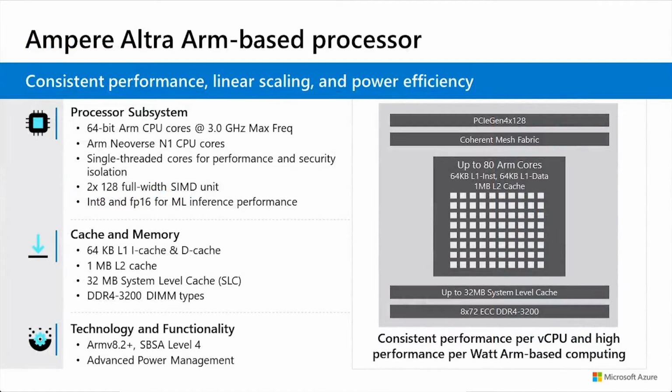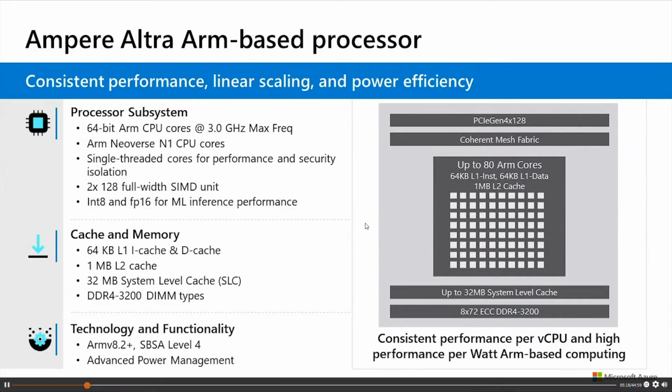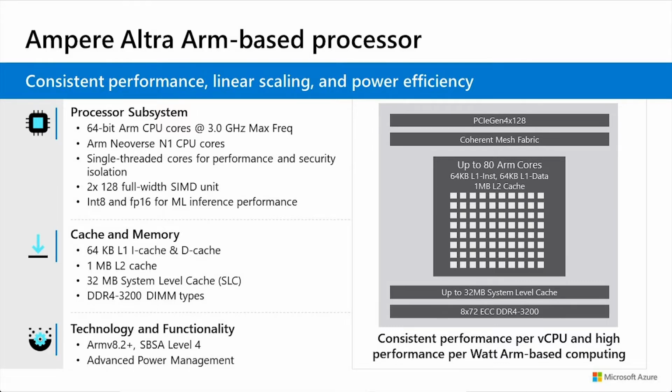Let's take a deeper look at the processor behind Azure's ARM-based VMs. The Ampere Ultra processor, designed for cloud-native workloads by Ampere Computing. The Ultra processor delivers high performance per vCPU with predictable performance characteristics that scale linearly with your workloads in Azure. Ultra is a 64-bit server processor based on the ARM Neoverse N1 architecture with single-threaded CPU cores that run at a frequency of up to 3 GHz.